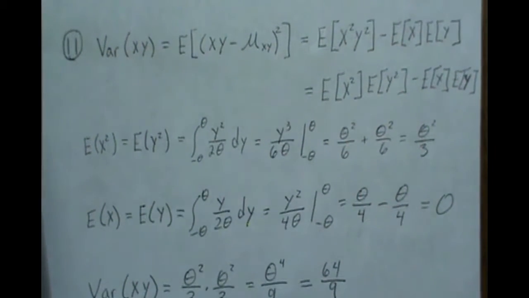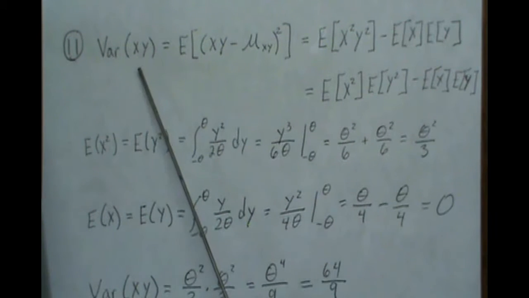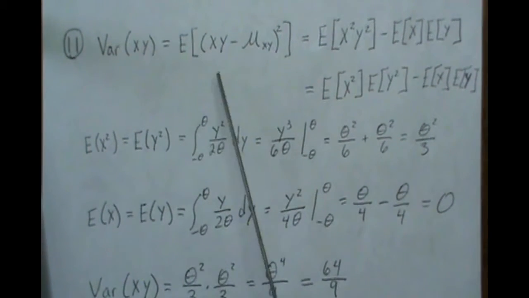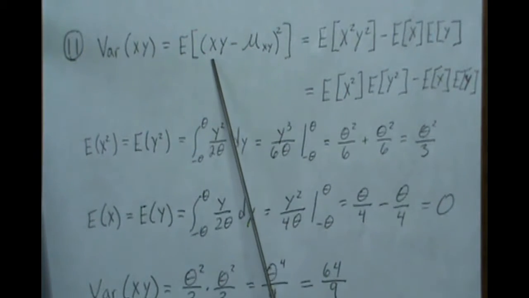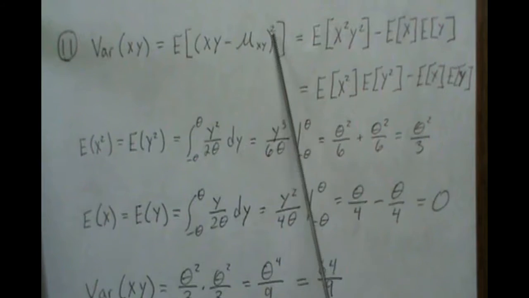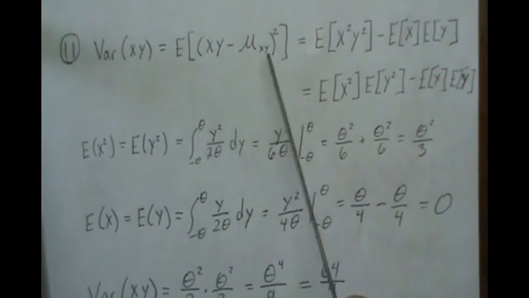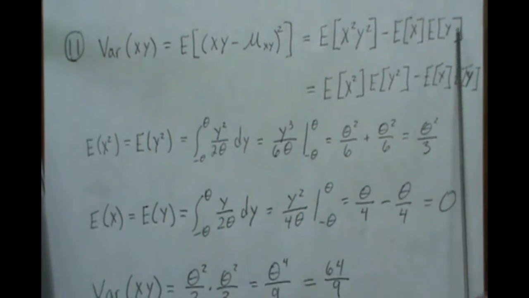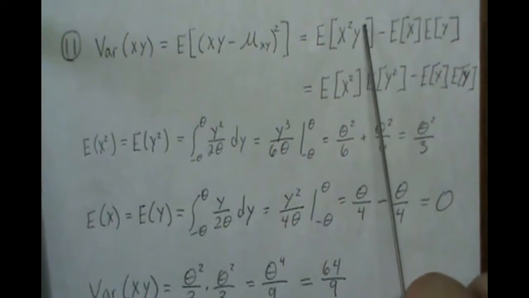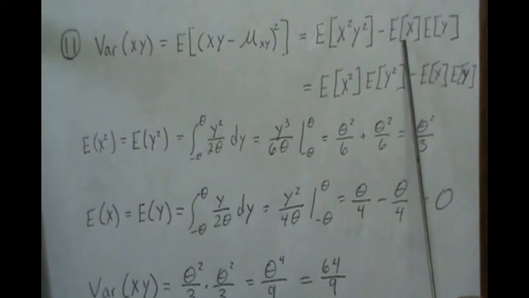We want to find the variance of xy. By definition, that is equal to the expected value of xy squared minus the mean of xy, quantity squared.